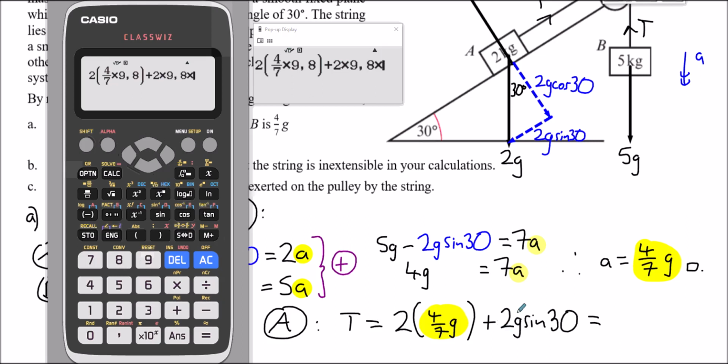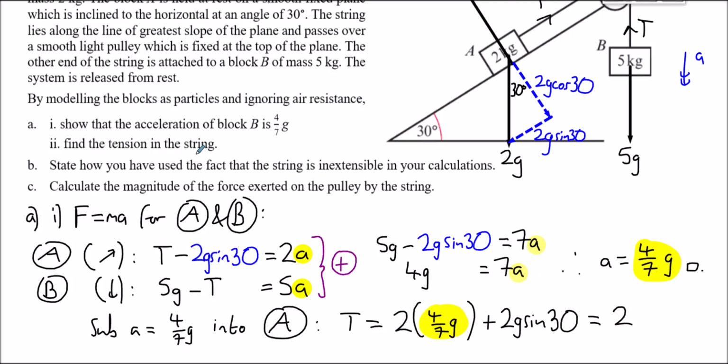If you didn't, you could just put plus 9.8, but doing it the long way, 2 times g times sine 30 is absolutely fine. You can see it's exactly 21 newtons. It doesn't say to leave your answer in terms of g. I believe the book does. That's absolutely fine. I'm not going to argue with the exam board, obviously, but 21 newtons is fine. It doesn't say to leave it in terms of g, so we're done now.